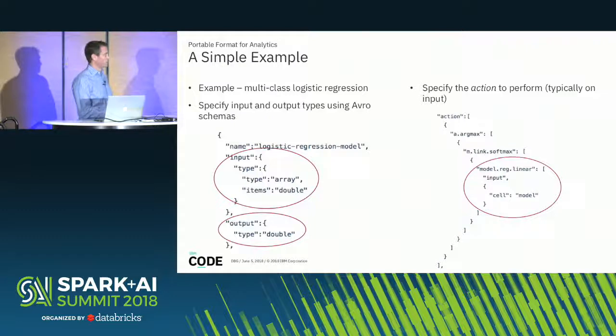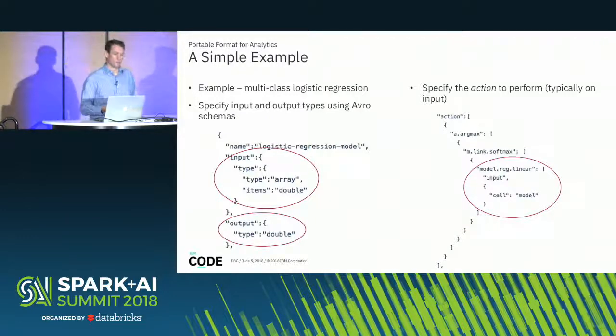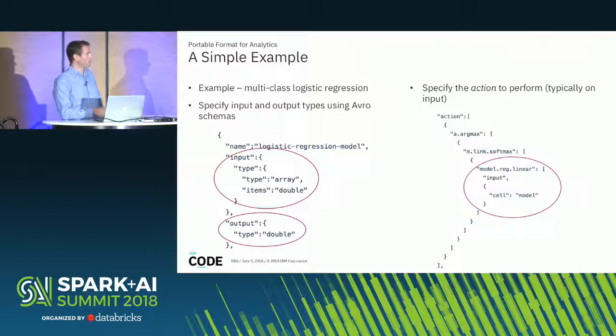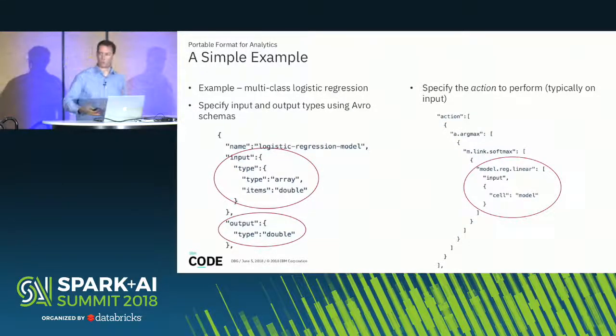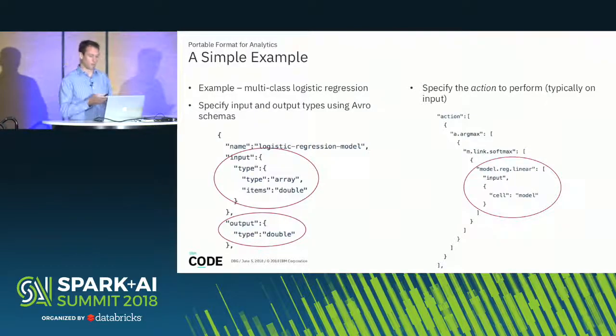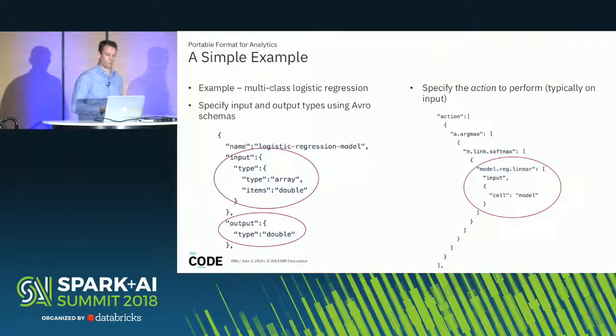The JSON can be a bit tricky to read because it's really designed for computers to operate with, not really for humans. But the functions that you apply are really natural, and they're the same linear algebra and mathematical functions you would apply in NumPy if you're using Python, for example.